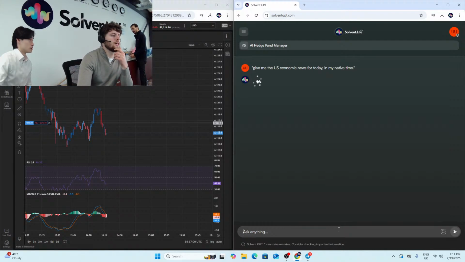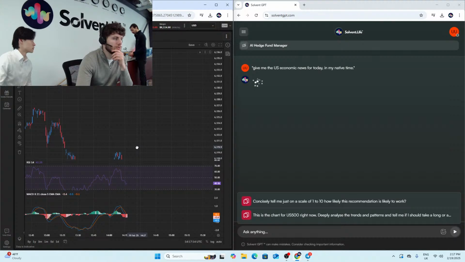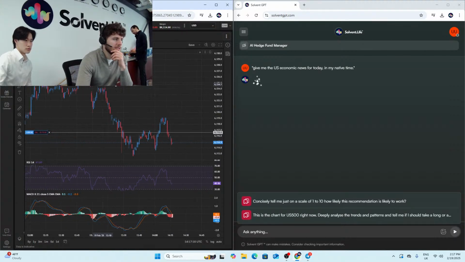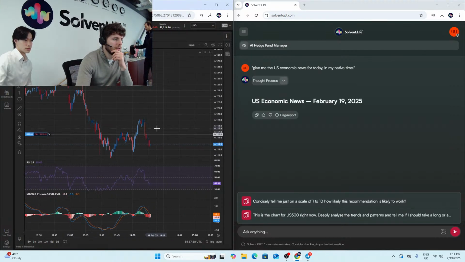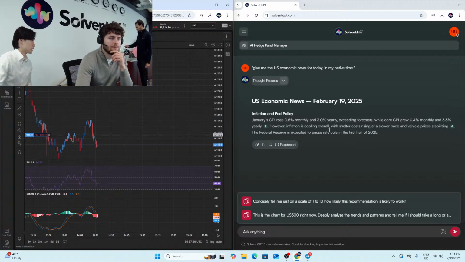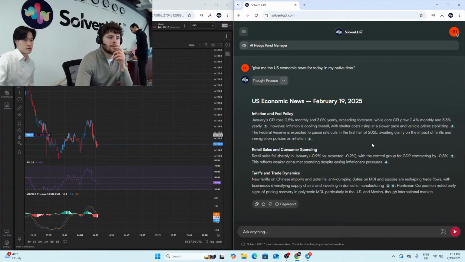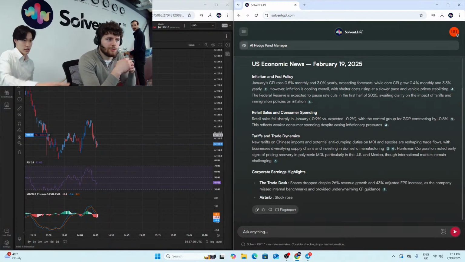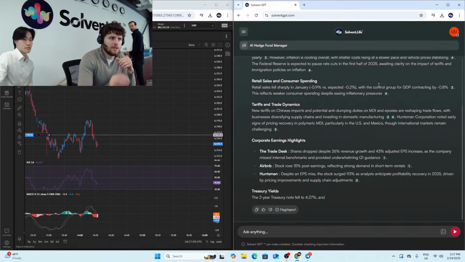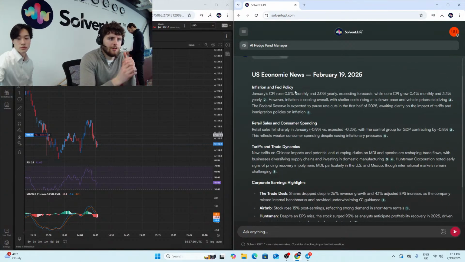So I think this trade looks like we're still in the uptrend, potential to catch quite a high rebound. US economic news for February the 19th. So we have inflation and Fed policy.